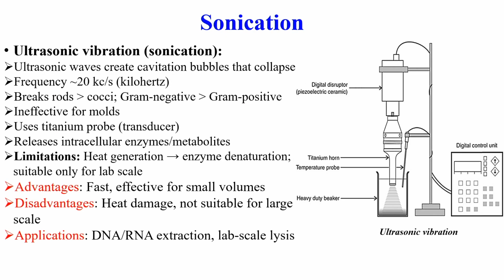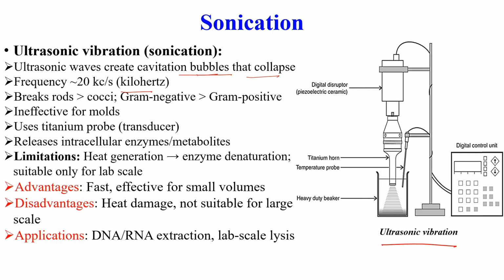The next method is sonication. So, this is an ultrasonic vibration. It says ultrasonic waves create cavitation bubbles that collapse, and what is the frequency? It is about 20 kilohertz.